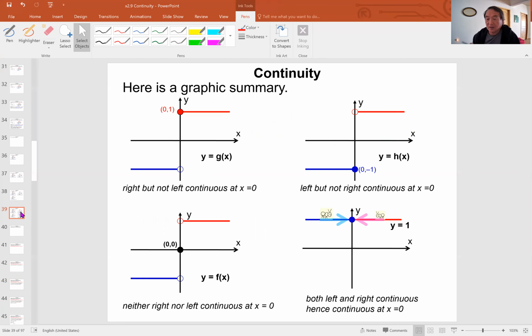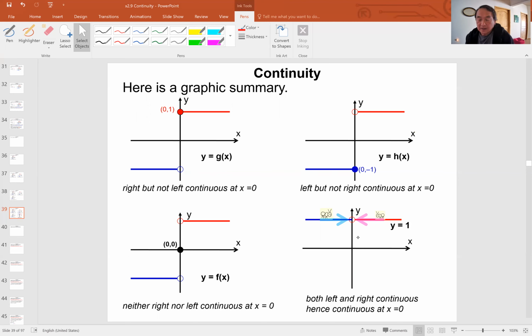Notice in these functions, suppose a function is defined with a missing point like this.